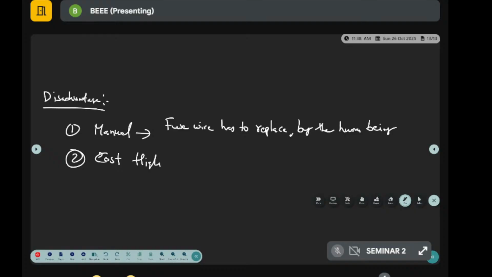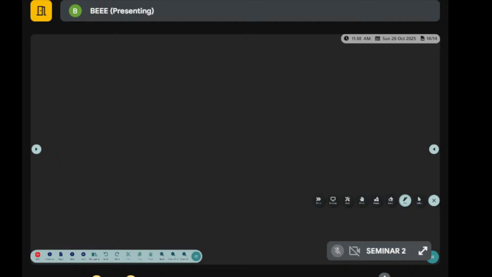Because of this, now we are using the MCB. What is the abbreviation? It is miniature circuit breaker.